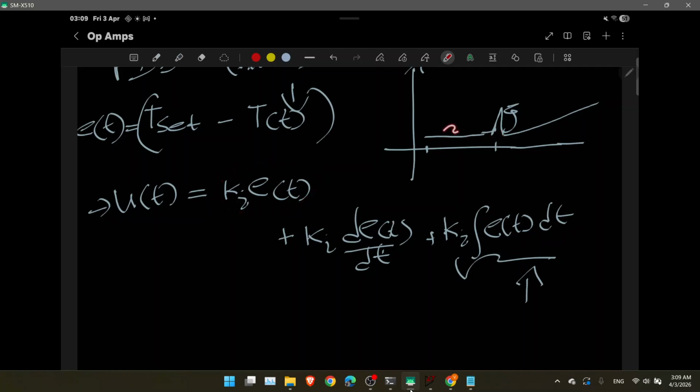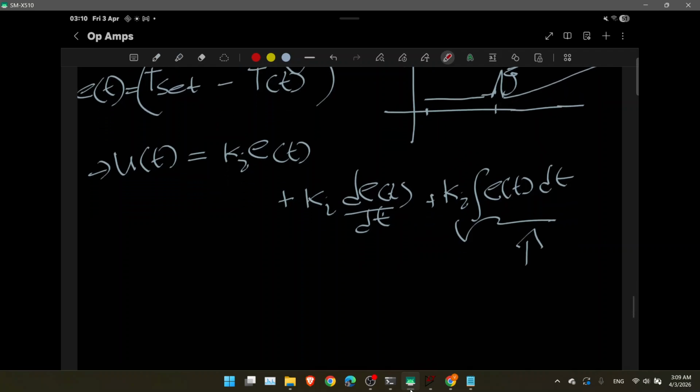Even for a small et, if the slope is really big, it is going to be a really big problem. So this term is really needed. And also, if there is a small change over a really big period of time, we should investigate and understand that. We could warn about that also. So this term here is also really important. Small change, a really big period of time. So that means PID controls.